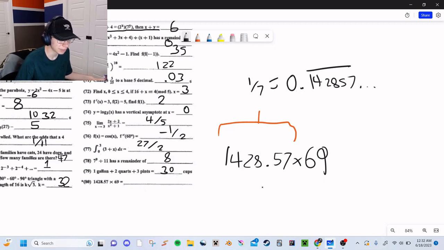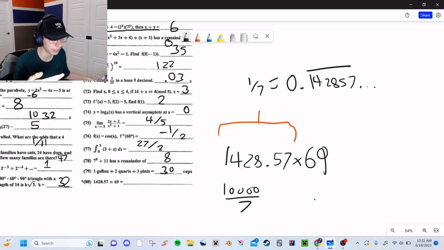And so really this number is like, instead of 1/7, it's like 10,000 over 7. So what I can do is treat this question as 10,000 over 7 times, I'm going to round the 69 to a 70. Again, I can round because this is an estimation. And so the 7 and the 70 cancel out, leaves me a 10.